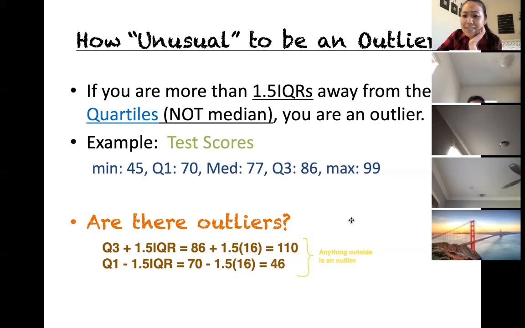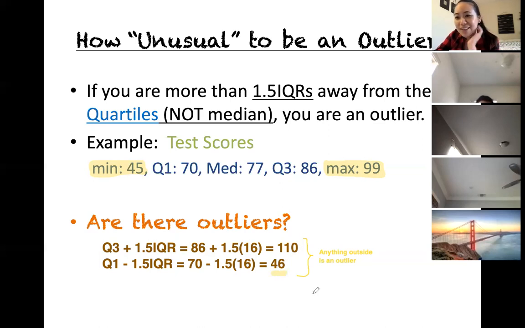Let's see if we have any data points outside of this interval from 46 to 110. I have a max of 99, which is my highest value, so that doesn't go above 110, and I know I don't have any high outliers. But at the bottom, my minimum is 45, which is below 46.